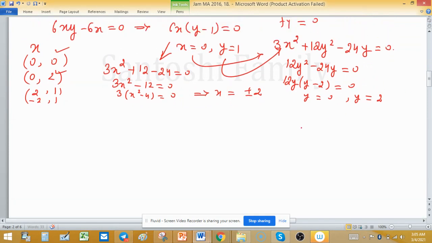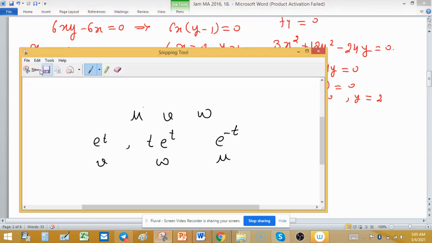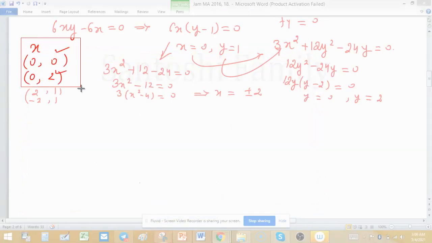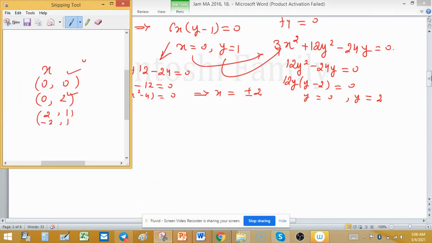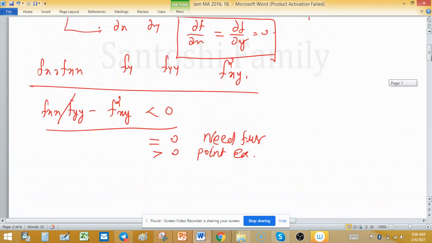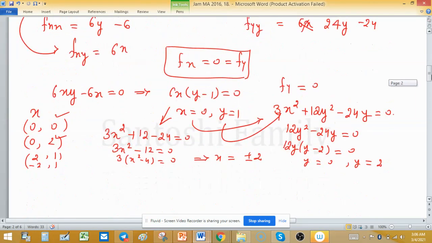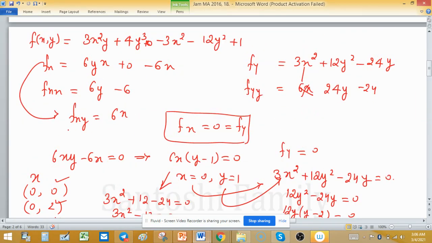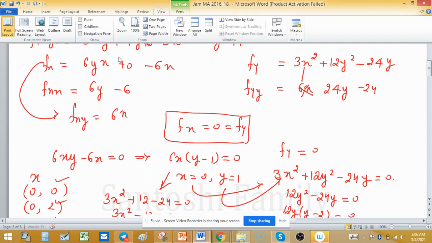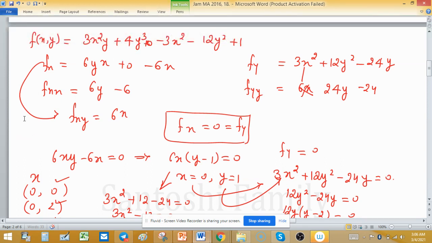Now we need to investigate the first order partial derivatives or second order partial derivatives at these points. So the partial derivatives are here.